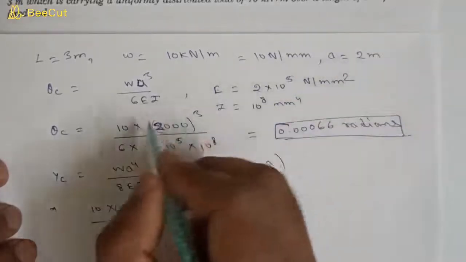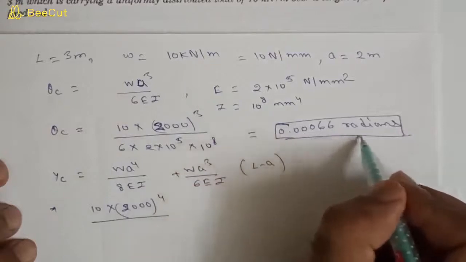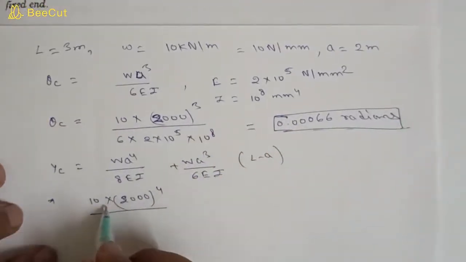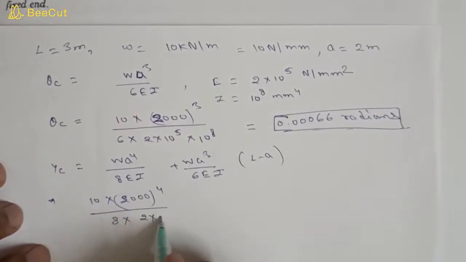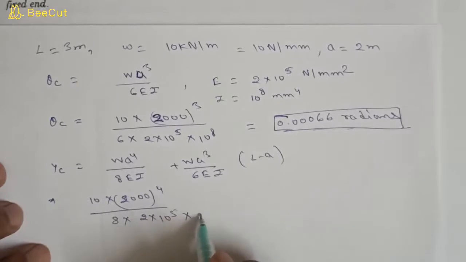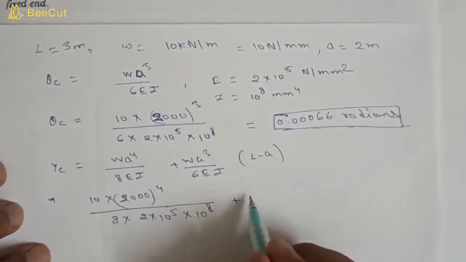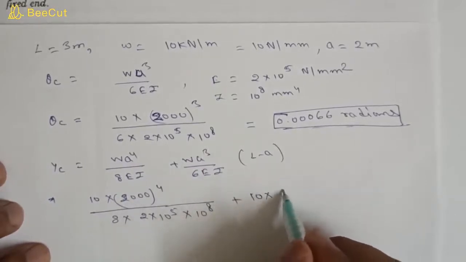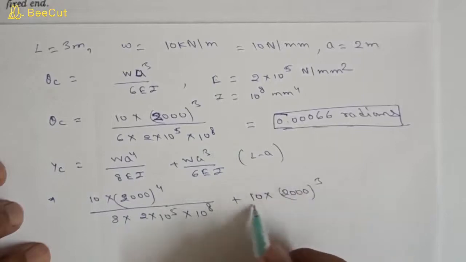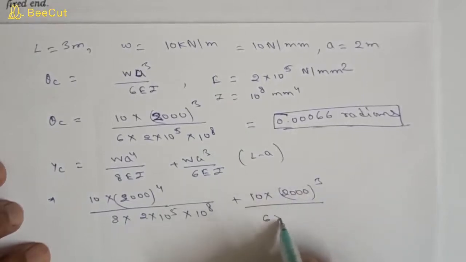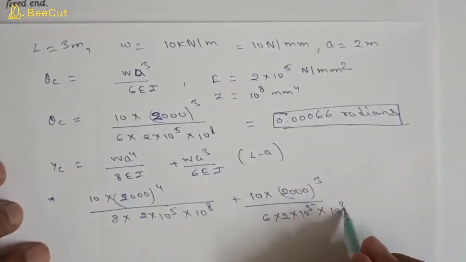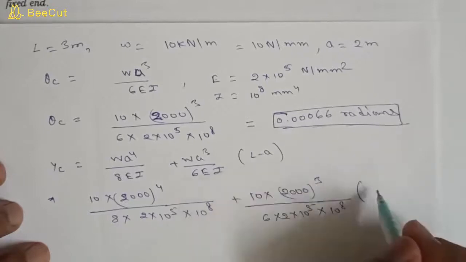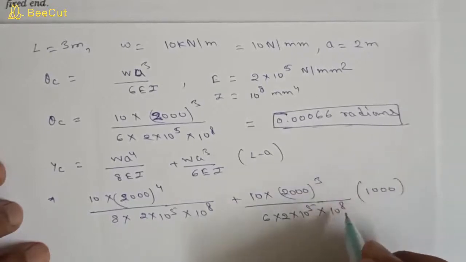Because A was 2, I had written A is equal to 3, but the answer will be the same. So here it will become 10 into 2000 to the power 4 divided by 8 into E which is 2 into 10 to the power 5 into I which is 10 to the power 8, plus W is 10 into A is 2000 cube divided by 6 into E which is 2 into 10 to the power 5 into I which is 10 to the power 8, into L which is 3000 minus A which is 2000, so L minus A is 1000.